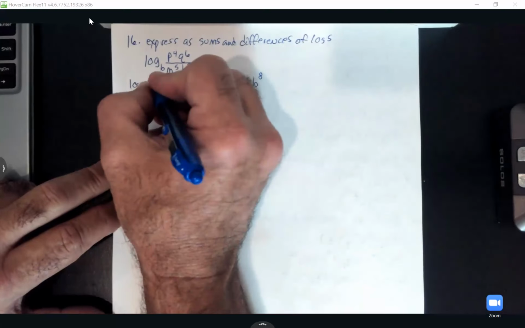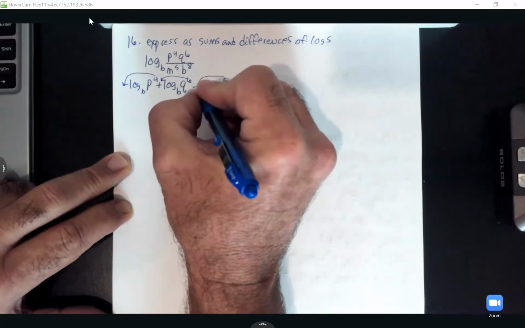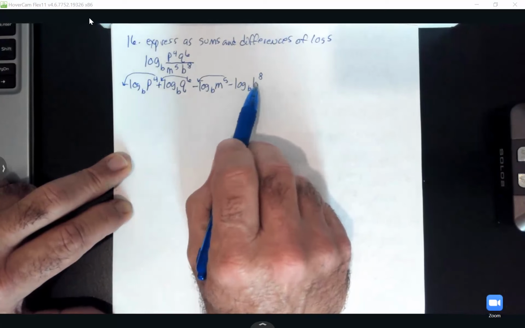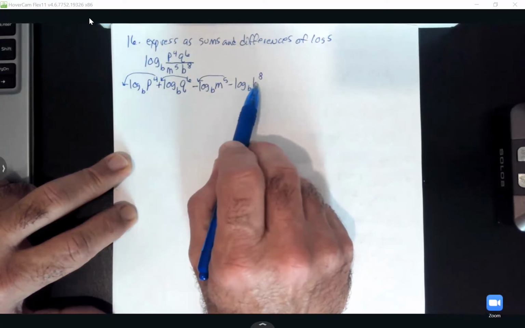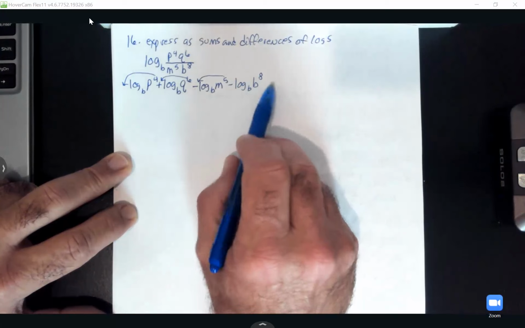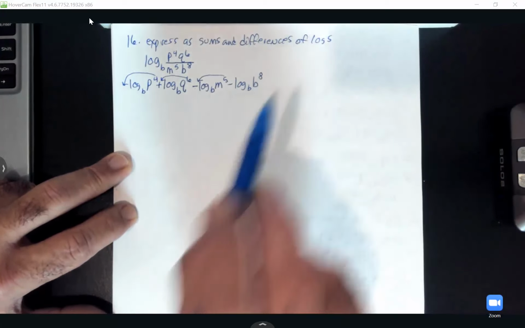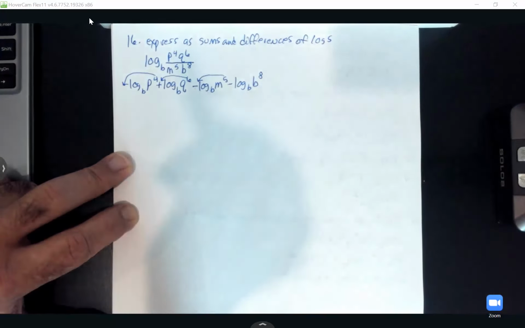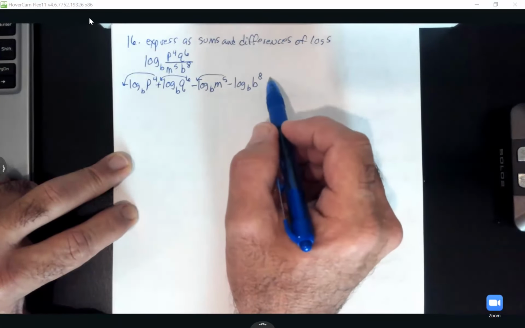Now remember, on 3 of these, I'm going to bring the exponent down to the front. But this is a log B of B to the eighth. The base of my log matches the base raised to an exponent, so this whole thing is going to equal that exponent, just like the log base 3 of 3 to the fourth earlier gave us a 4. This one's just going to give us the 8.